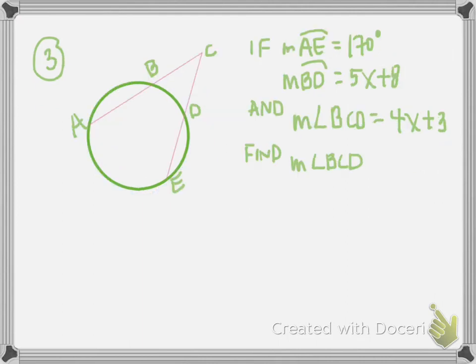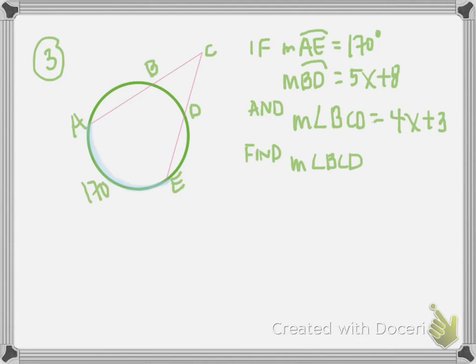Alright, let's do one more. So here, if the measure of the arc AE is equal to 170, I have an intersecting angle that's outside. Remember, here I've got two secants, so the arc AE is equal to 170.